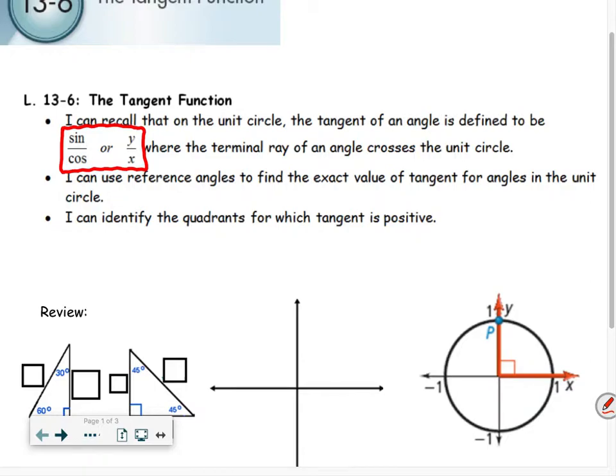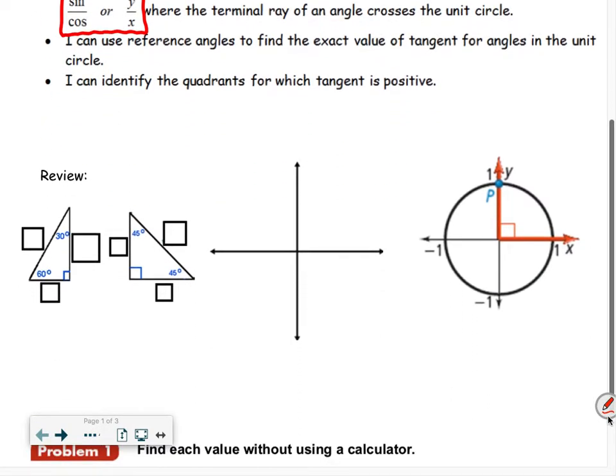When we did our standard triangles, remember our short side of our 30, 60, 90 was 1, hypotenuse 2, and across from our 60, our long leg is a square root of 3. Our 45, 45, each leg is 1, hypotenuse is square root of 2.